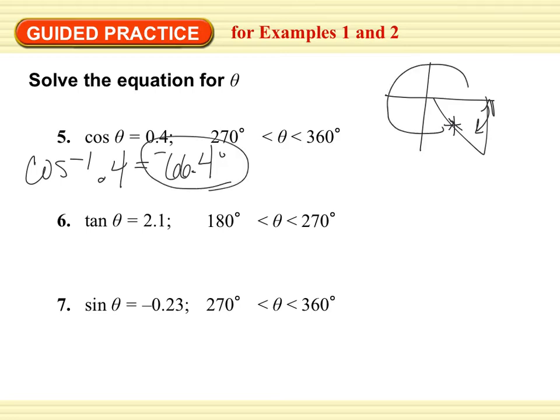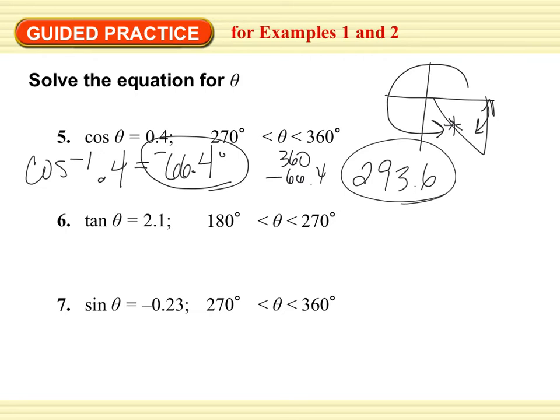Or I have to get all the way over here, which would be 360 minus 66.4, which is 293.6. So either one of those answers would work.